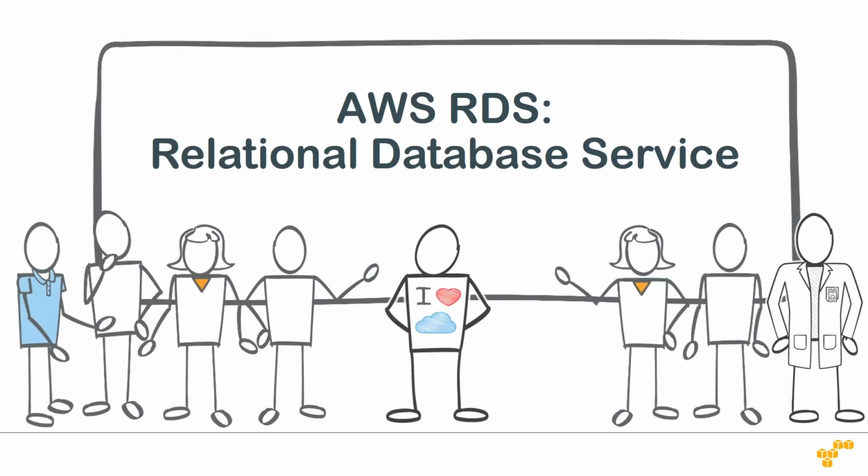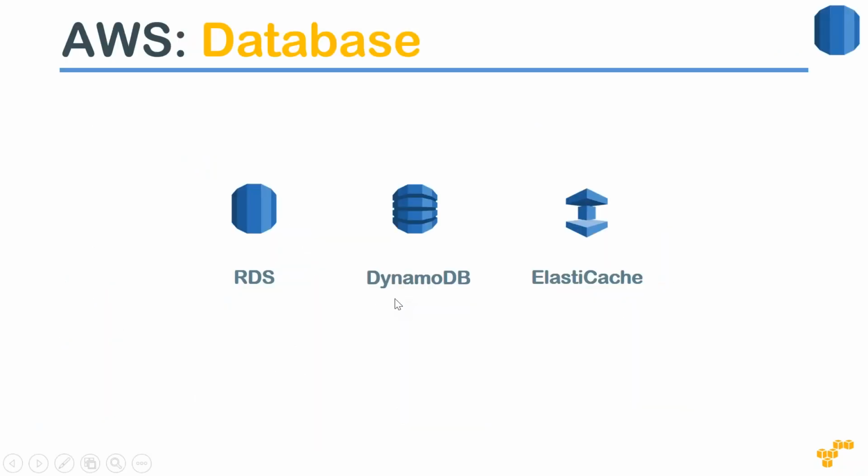In the next few minutes, we are going to spend our time on RDS, the Relational Database Service as it is fully known. The other most popular ones provided by Amazon are DynamoDB and ElastiCache.